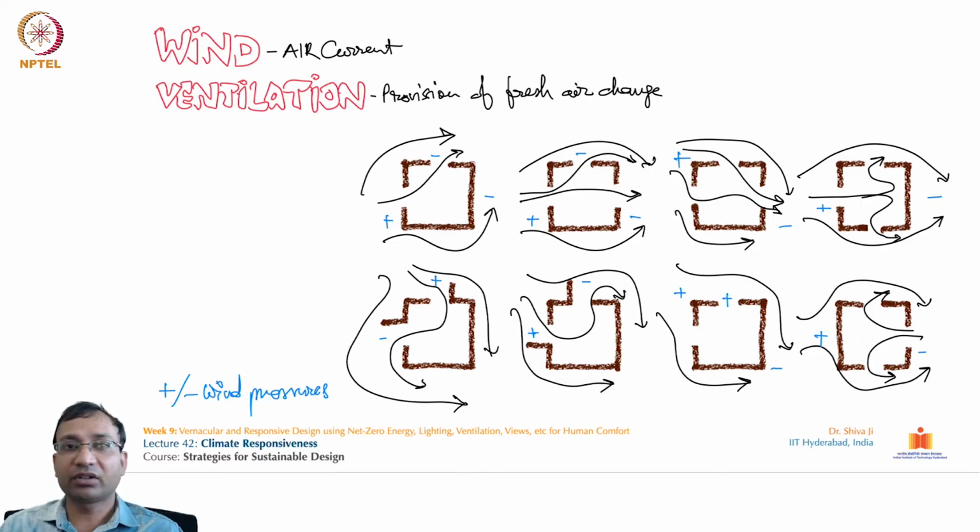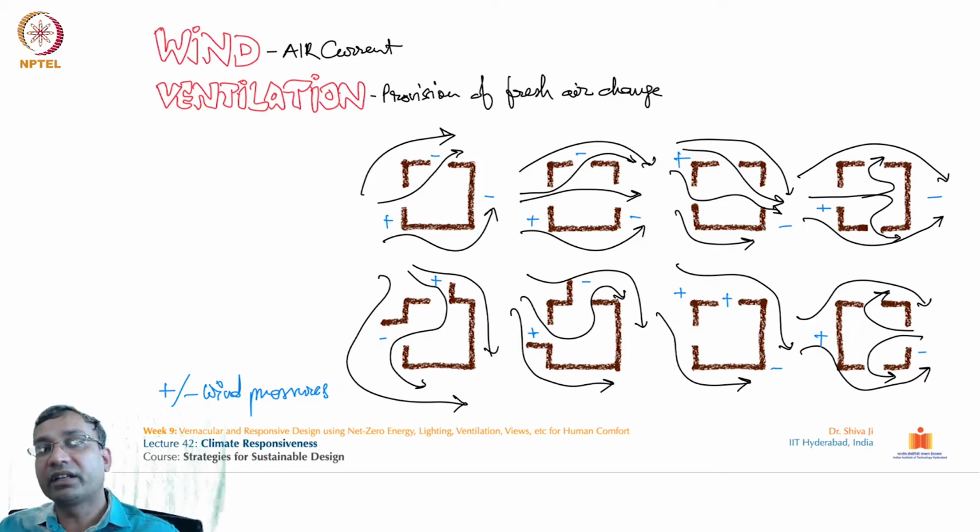With the direction of the prevailing wind, we can place our building in such a way that it doesn't receive so much air, if we want to avoid it. Similarly, if we want to receive wind in the interior quarters, we can position our openings in such a way that we take the most advantage of it.